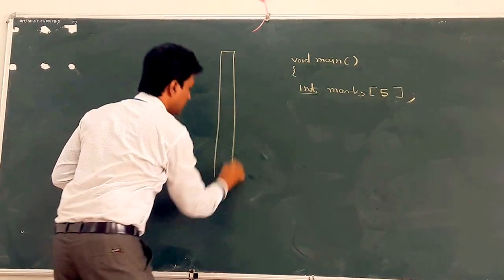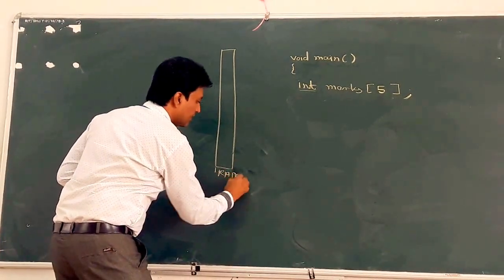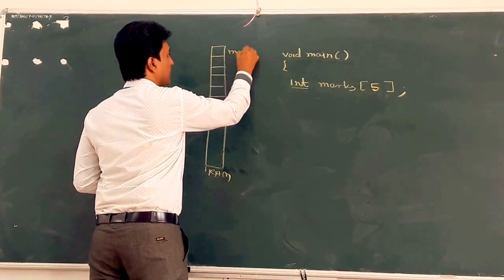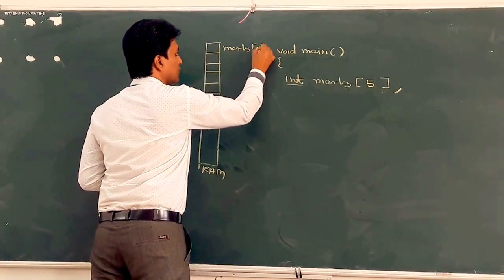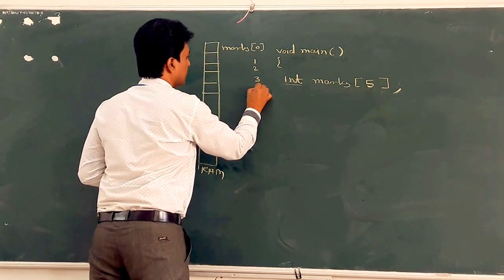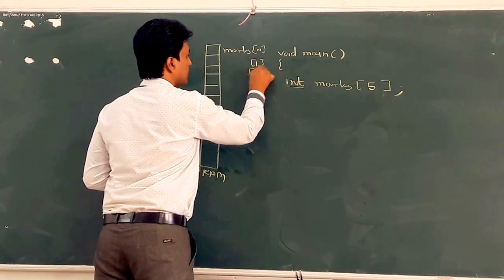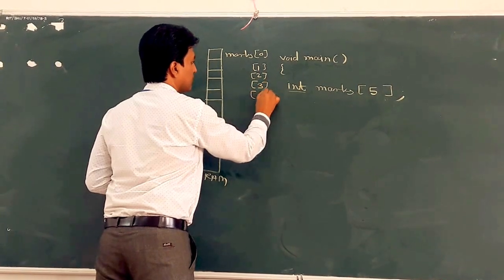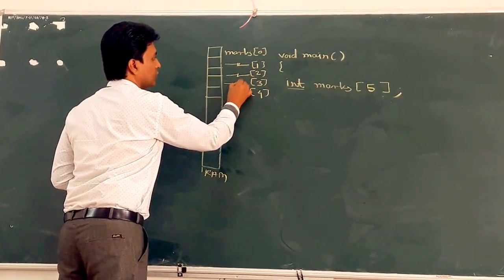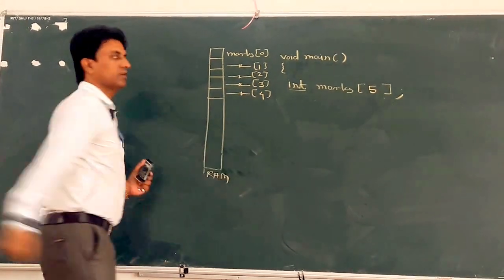As per that, memory is allocated in RAM for your marks array, that is marks of 0, 1, 2, 3 and 4. Clear?